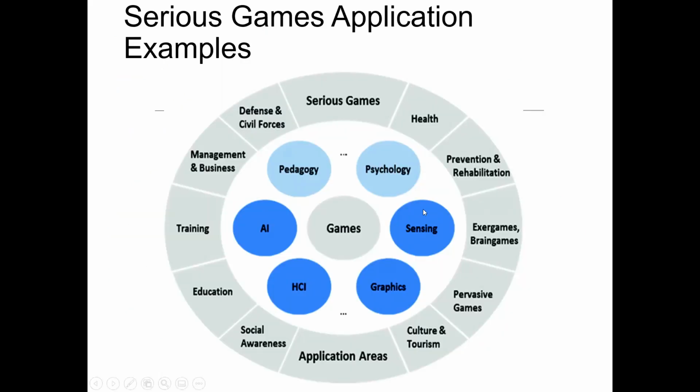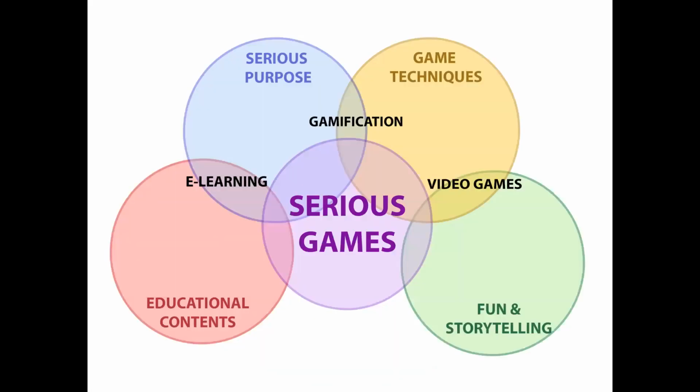But obviously, if you follow some of these principles of AI, HCI, and graphics, you can create games that work in multiple different dimensions and applications. But if you cater specifically to serious games, then the umbrella focuses specifically on educational content and e-learning.